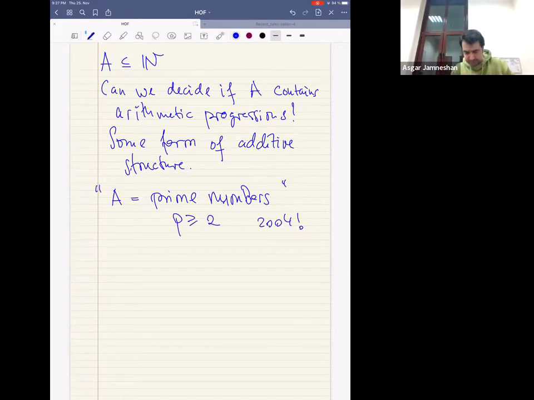But before talking about the prime numbers, let's go to some general subsets of the natural numbers. If you take some arbitrary subset of the natural numbers, that means some arbitrary collection of numbers, then one way to classify or describe it is the size of that set.